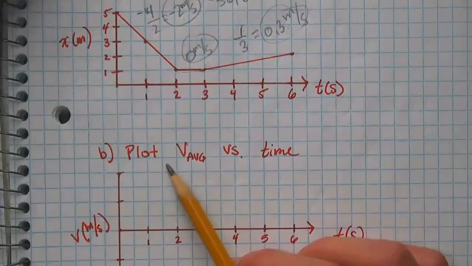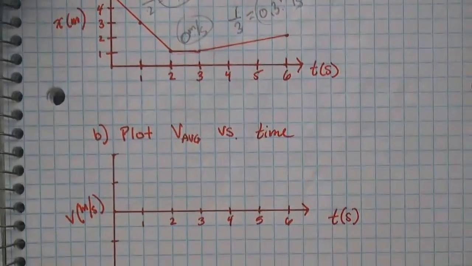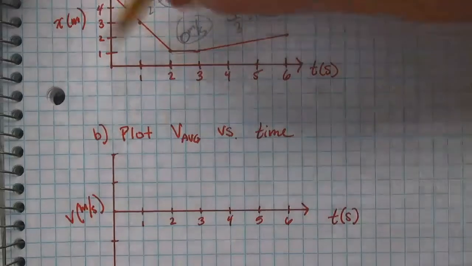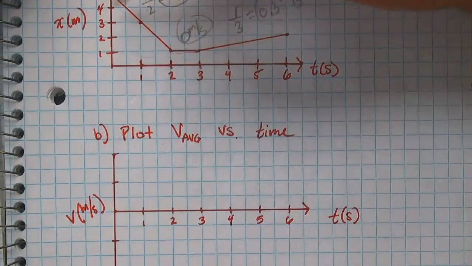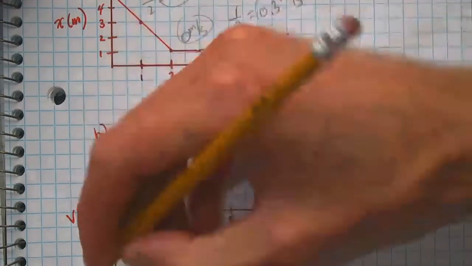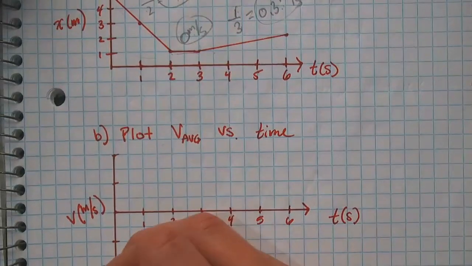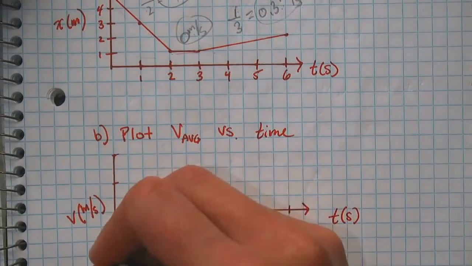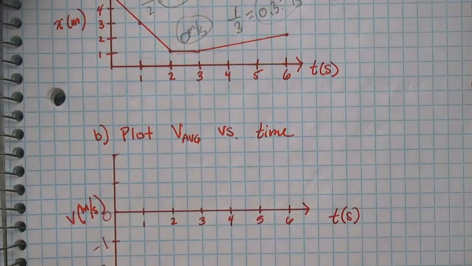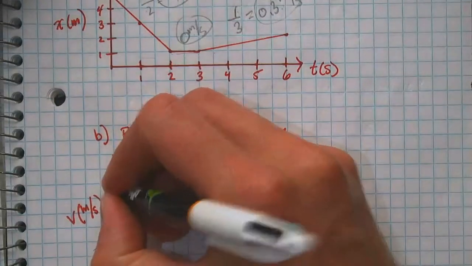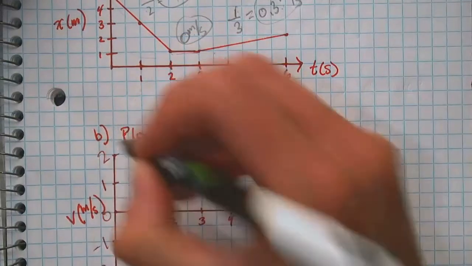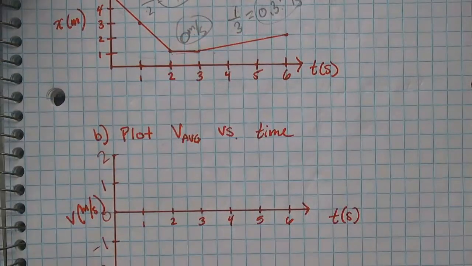So now plot a velocity versus time graph. Between 0 and 2 seconds, our velocity is -2. So let's do this. We have -2 meters per second, -1, 0, +1, +2 meters per second.